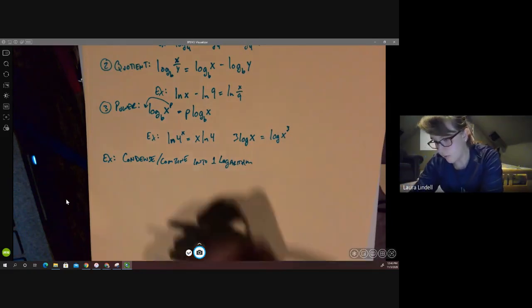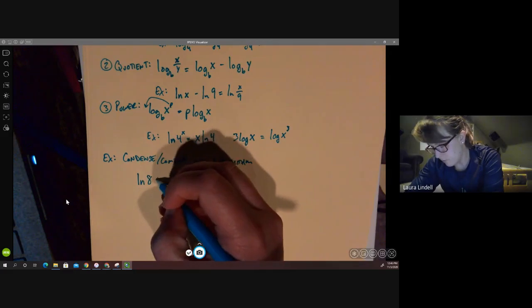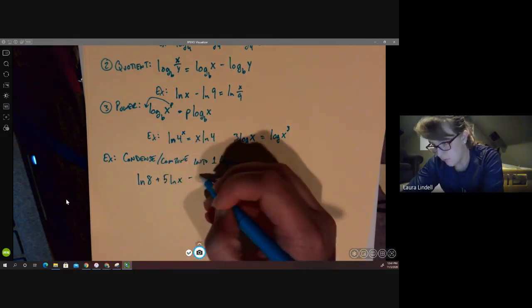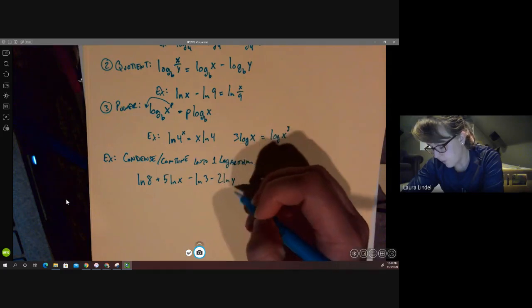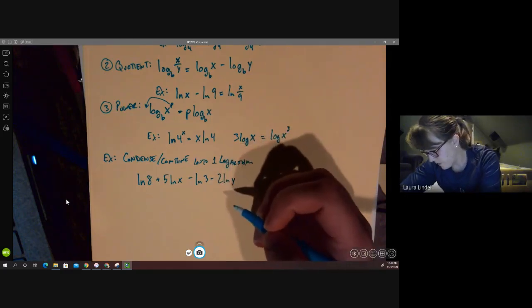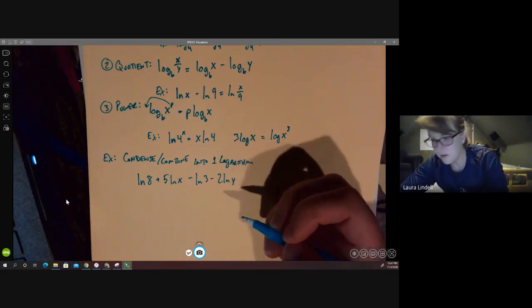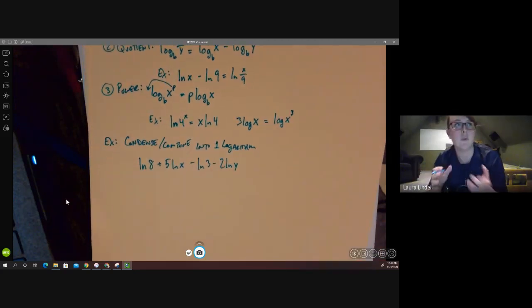Okay, so we're going to combine natural log of 8 plus 5 natural log of x minus natural log of 3 minus 2 natural log of y. Okay. So we're going to condense this down to one logarithm.